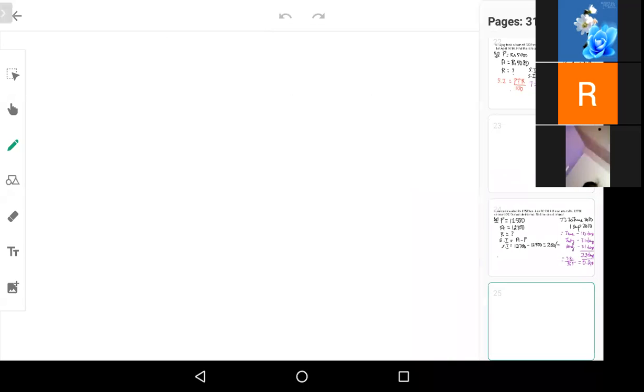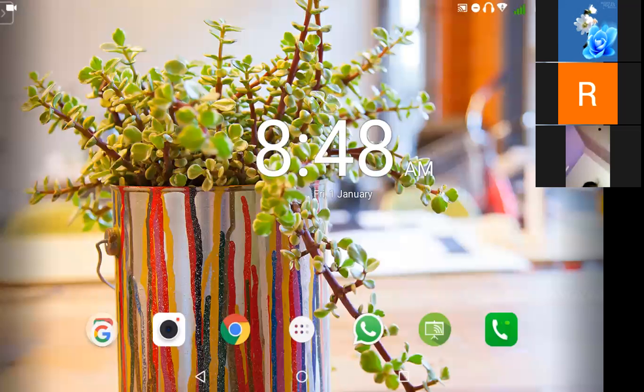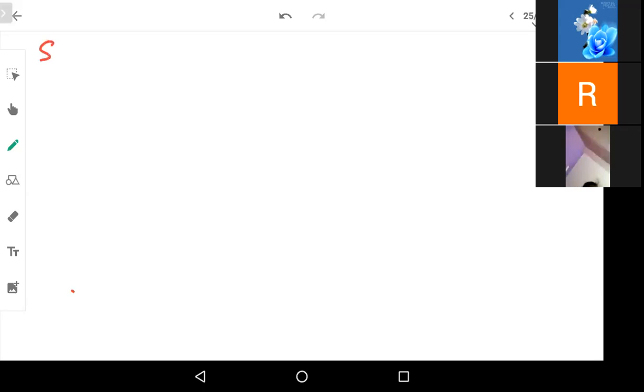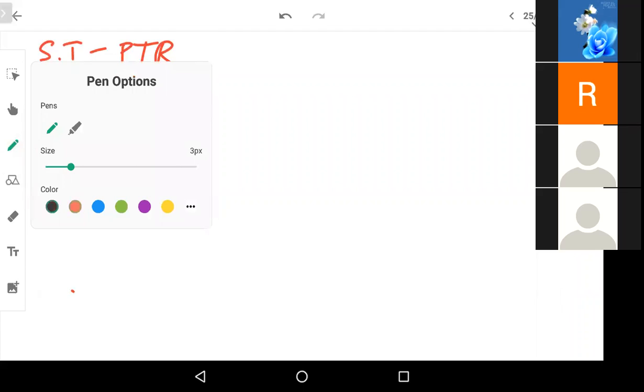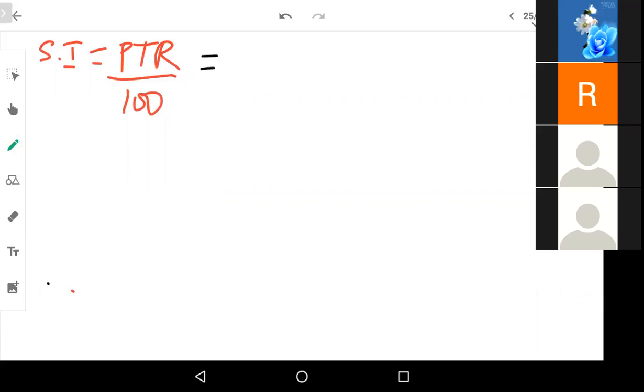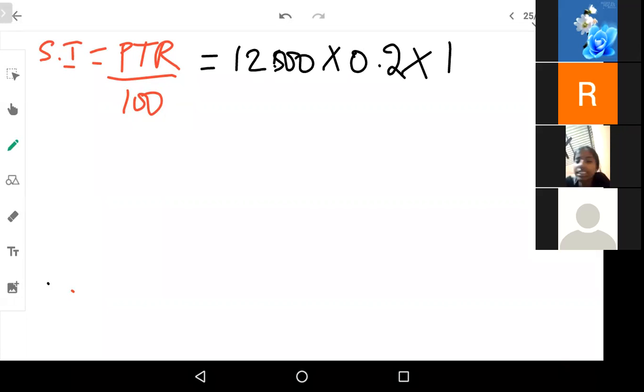Now using the simple interest formula, let us calculate the rate of interest. Simple interest is equal to PTR by 100. So here, principal is how much? 12,500 into time is 0.2 years into rate of interest, which we don't know, divided by 100.